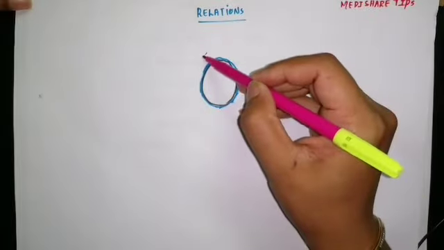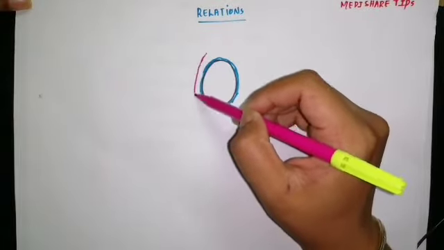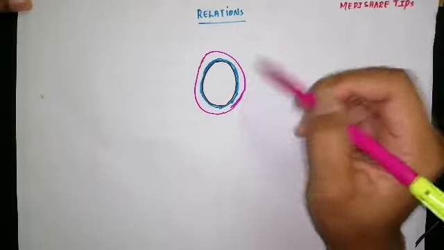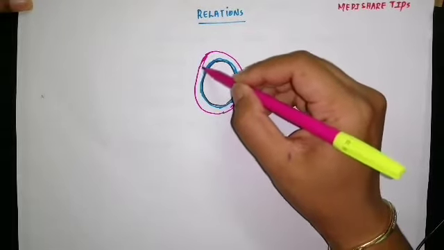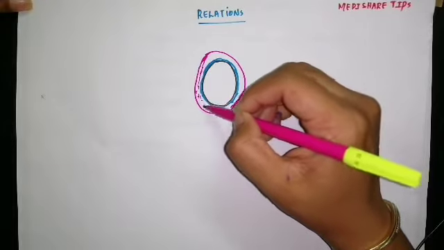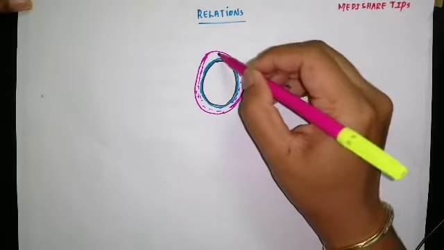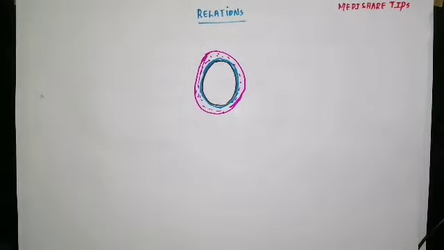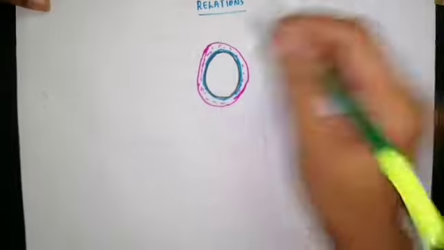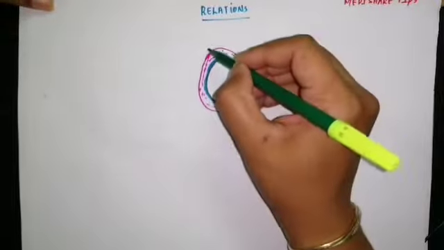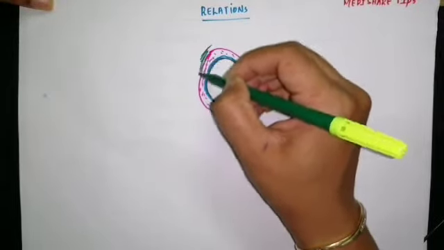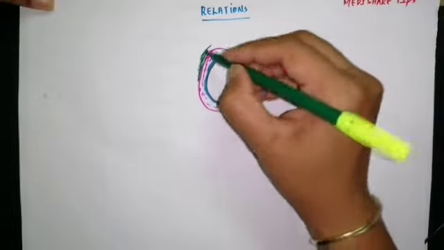Surrounding this, there is the synovium of the joint. This is the synovium of the joint, and surrounding this synovium is the capsule of the shoulder joint. It's a capsule.